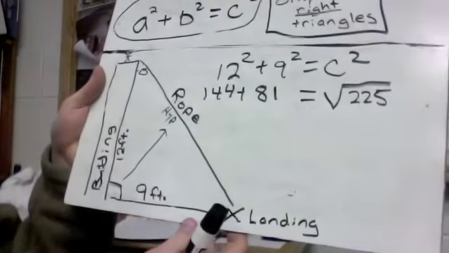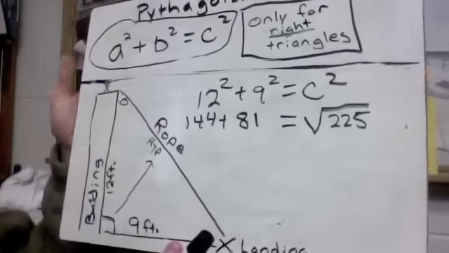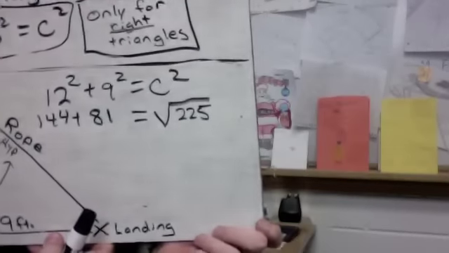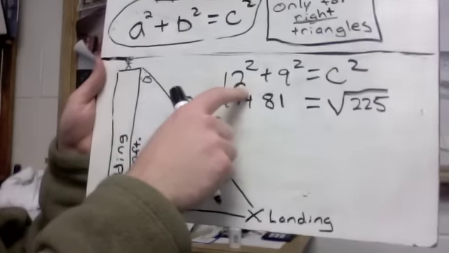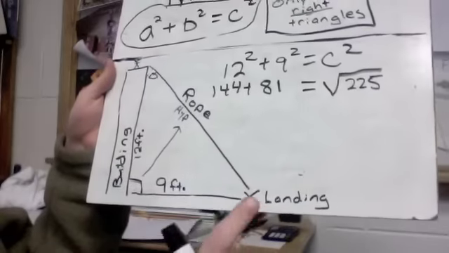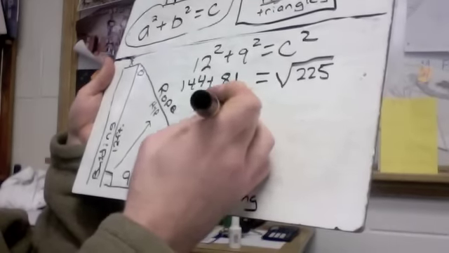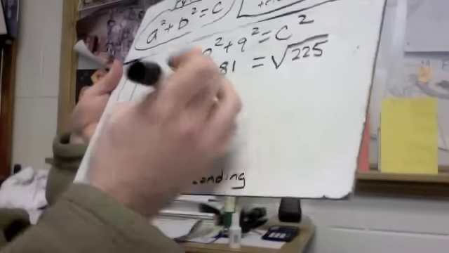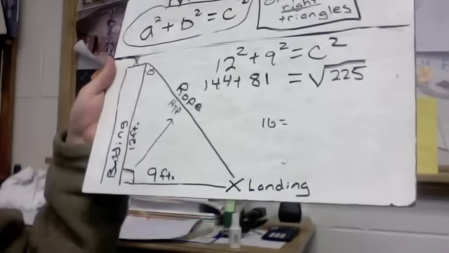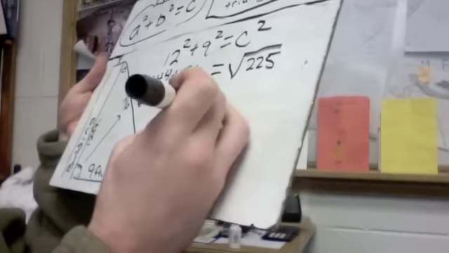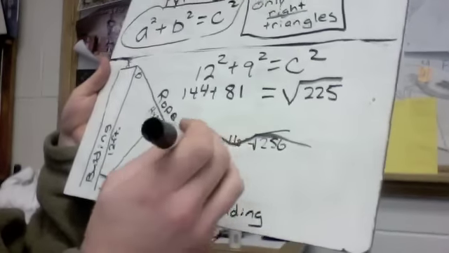Now, to find the length of the rope, we just need to know what the square root of 225 is. We know that 12 times 12 is 144, so it has to be bigger than 12. So let's try some things. Maybe I'll try 16. 16 times 16 is 256. That's too high, so let's try one less.